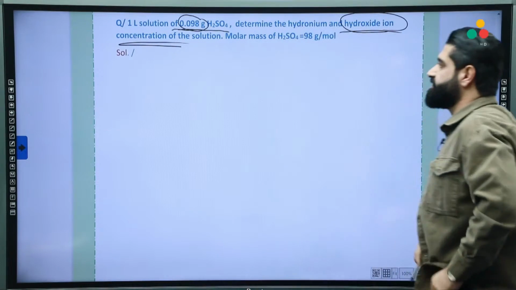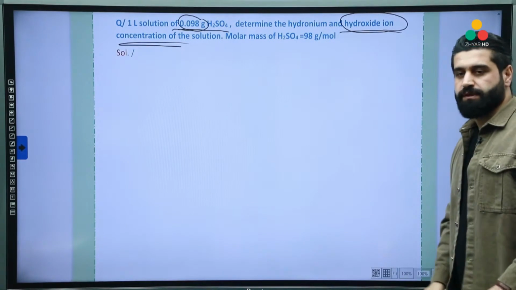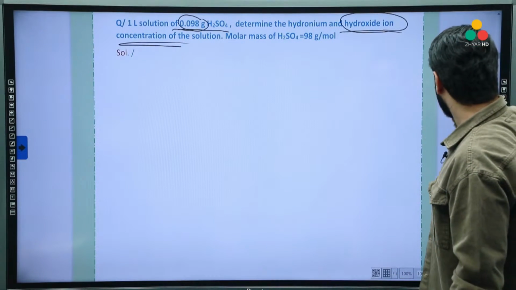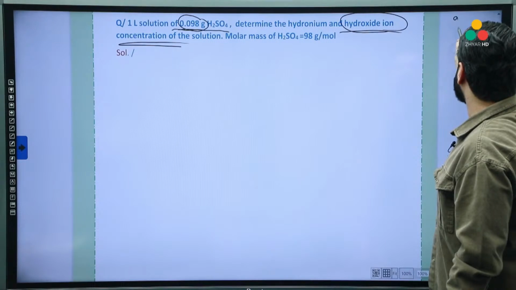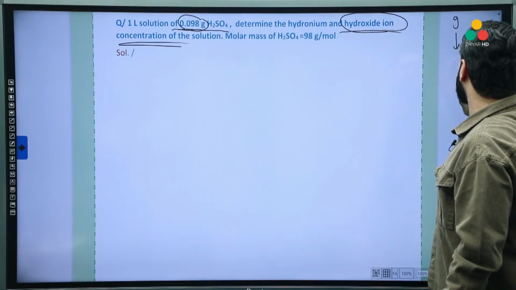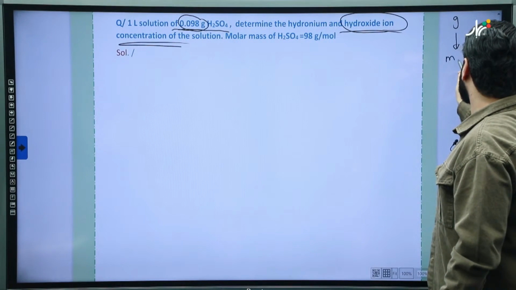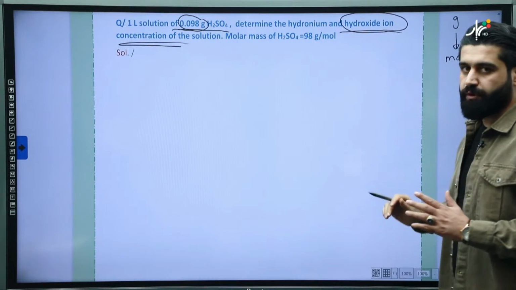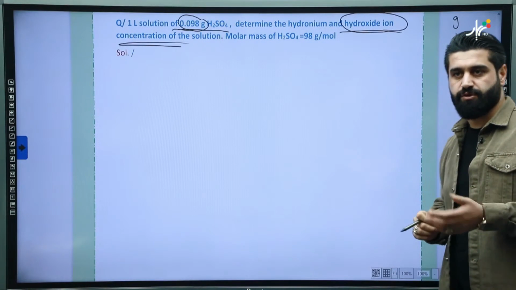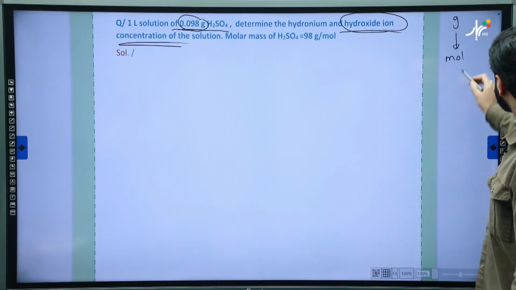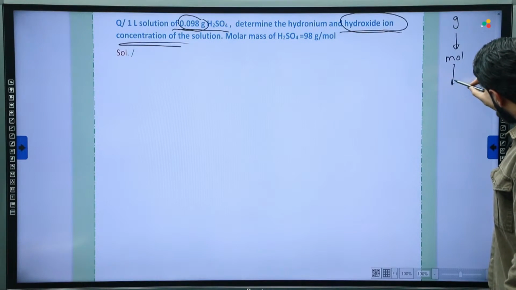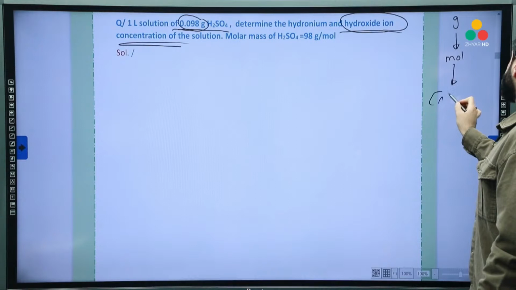So how can we get from grams to hydroxide? We change grams into number of moles by the mole formula: mole equals mass over molar mass. Then you can change mole into molarity.